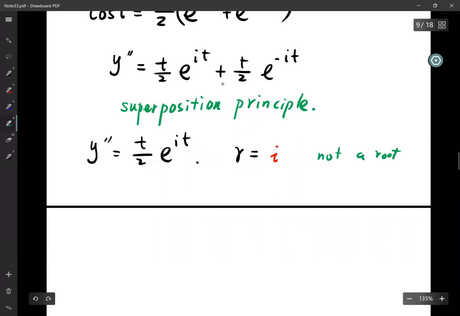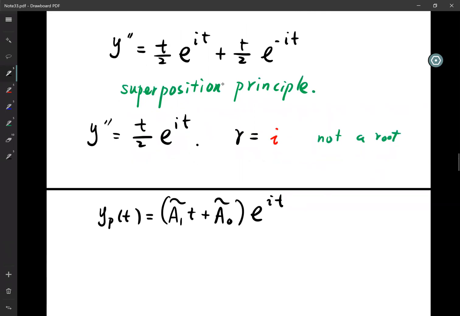So the root here is 0 and 0. It's a double root. So I is not a root. So the solution must take the form, so here is t here. The solution for this must take the form, say, a_1 tilde t plus a_0 tilde exponential IT. So these are all the possibilities, and you solve that.